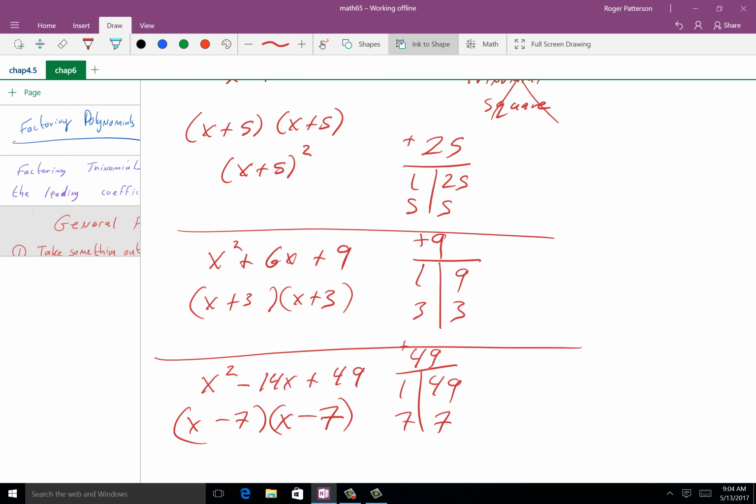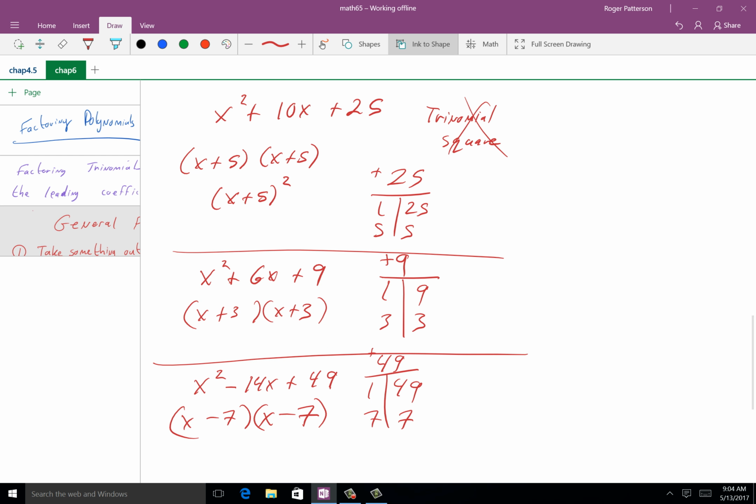Oh, I didn't quite get that top one. So let's look at some similarities. First of all, what do you notice about these last numbers? They're squares, right? Okay. And what do they always factor down to? Yeah, the square root of that number, right? They always do that.